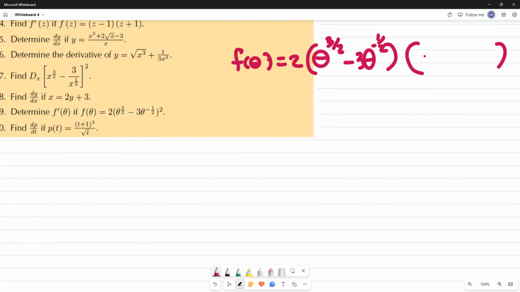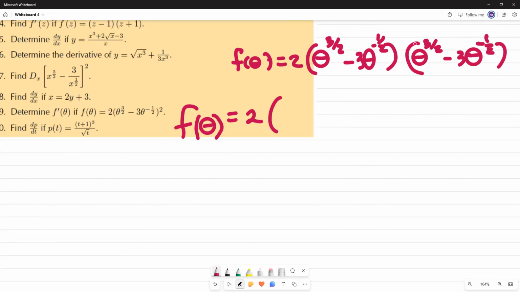Then the same thing in the next bracket because of the square: theta to the power 3 over 2 minus 3 theta to the power negative half. So now we have f of theta, which is the same as 2. Now let's see. This times that will give us theta to the power 3, because 3 over 2 plus 3 over 2 gives you 3.